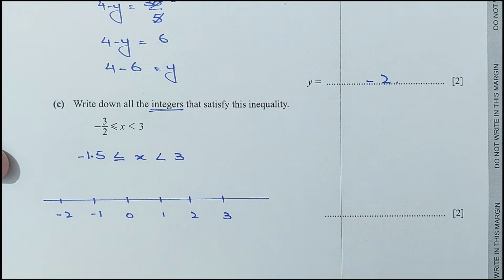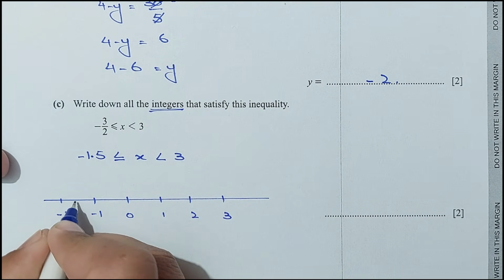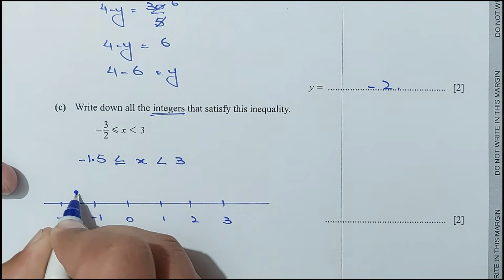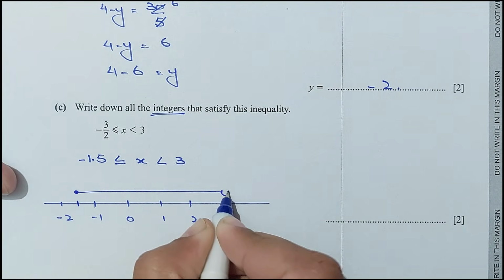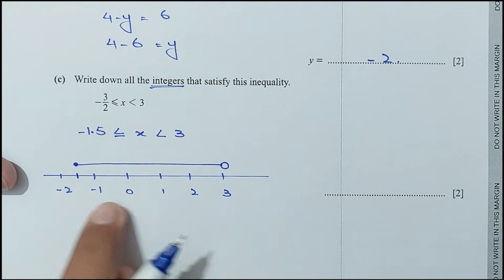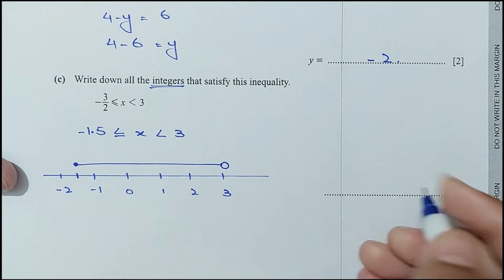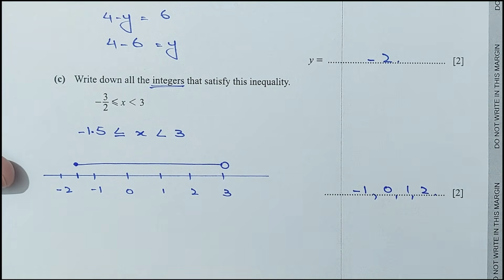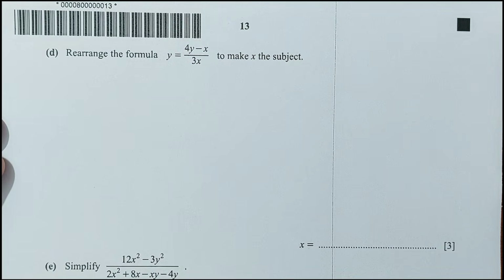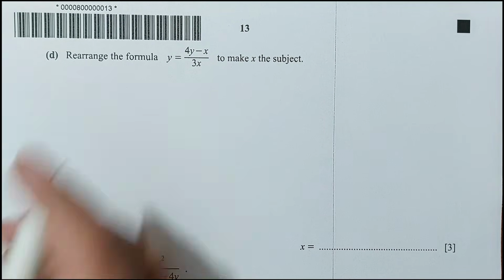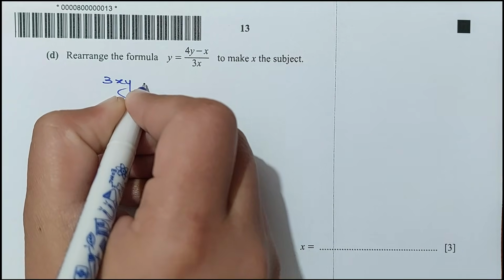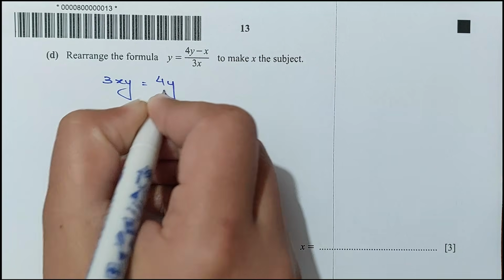Negative 1.5 is in the middle, right? Till 3, this is not included. The integer values are -1, 0, 1 and 2. Now for part D, rearrange the formula to make x the subject. Cross multiplication, 3xy equals 4y minus x.